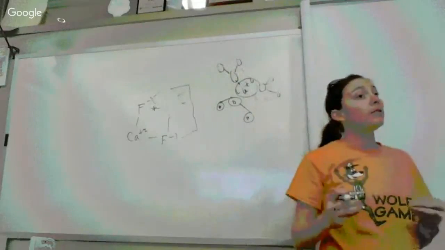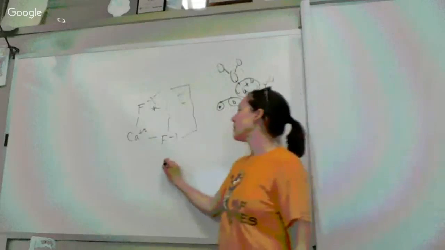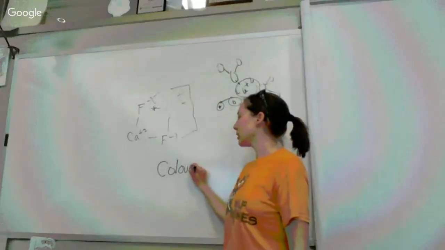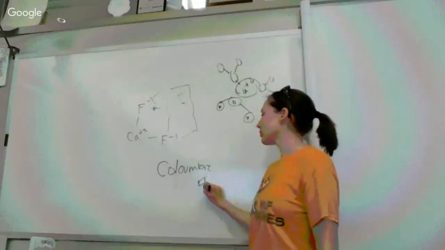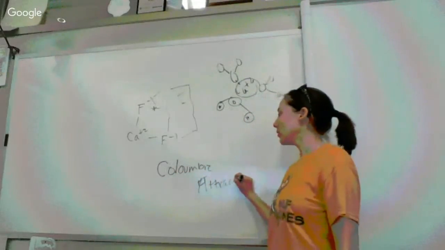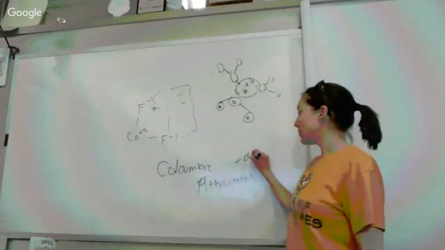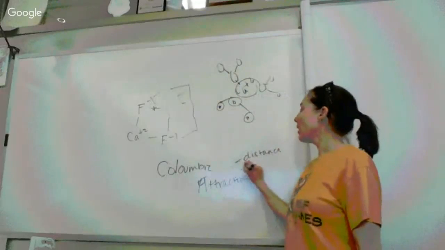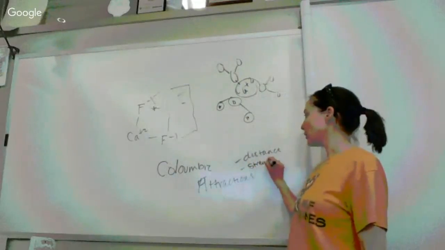And keep in mind that all of the attractive forces in the whole chemistry world happen because of our Coulombic forces, which I don't know how to spell. Our Coulombic attractions, right? That's going to be based wholeheartedly on 2 things: the distance between your 2 substances and how strong of a charge they have, the strength or the magnitude.